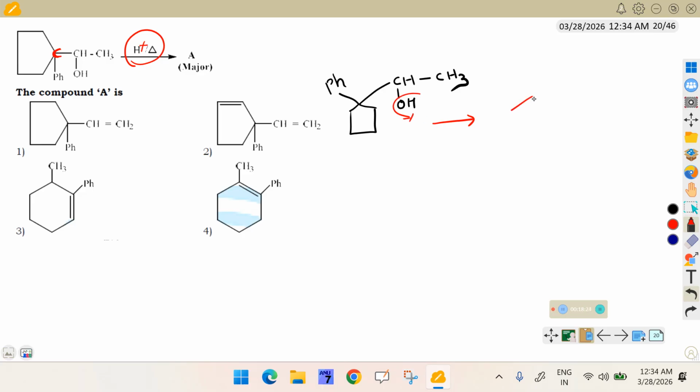If you remove OH minus ion, then you will get CH, positive charge, CH3. Now, this is a 2-degree carbocation. The adjacent carbon is a quaternary carbon. That's the reason ring expansion takes place. Ring expansion.